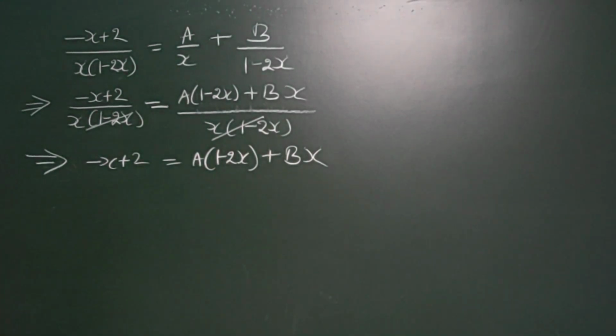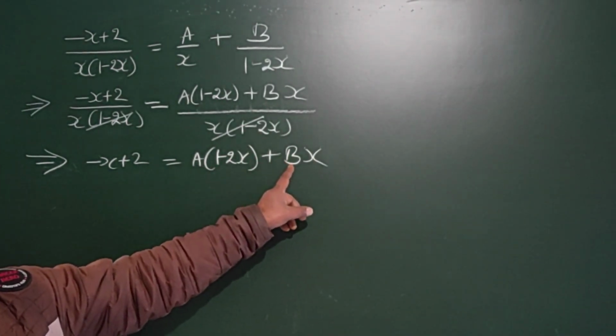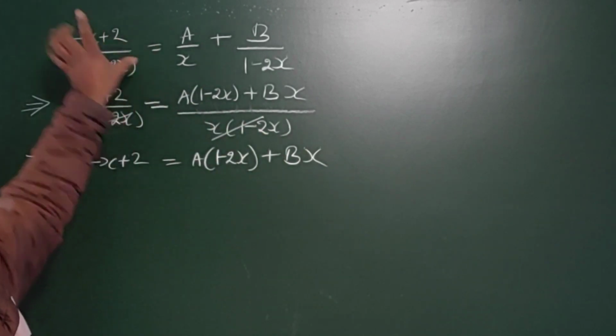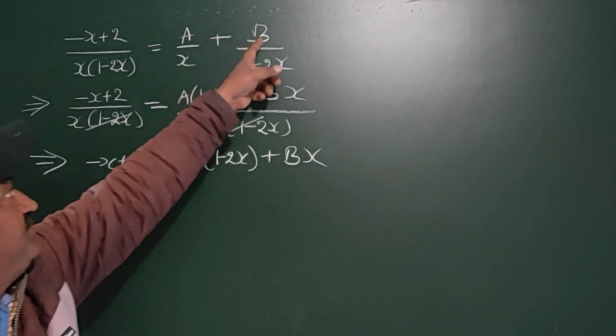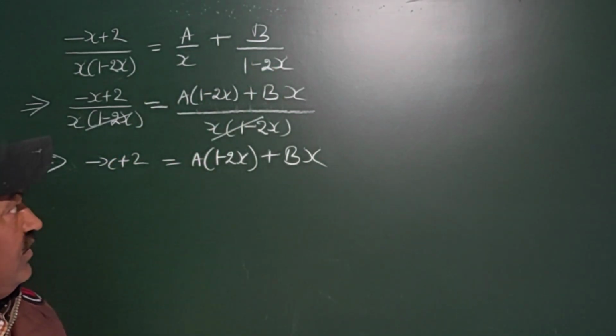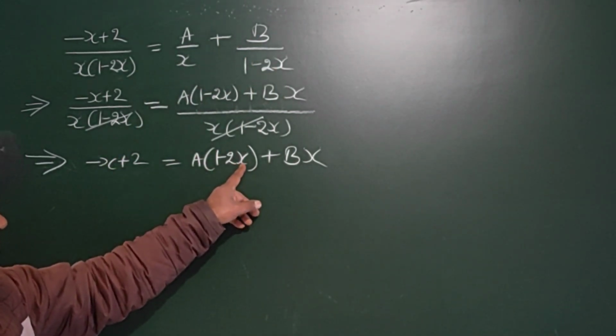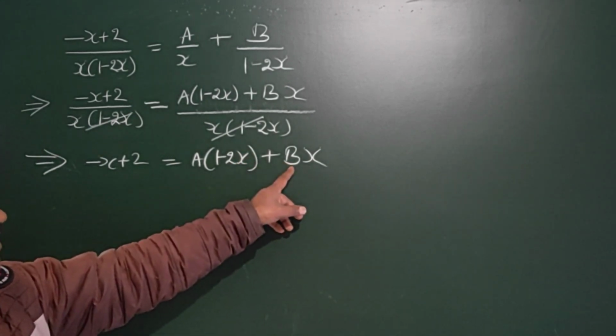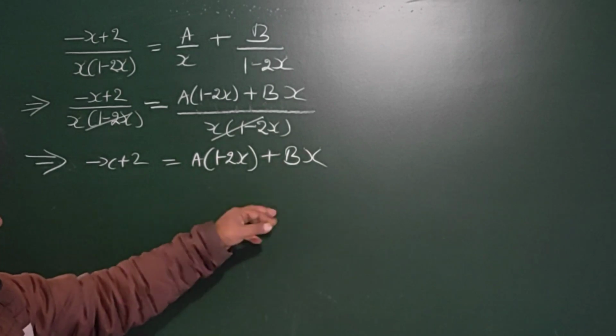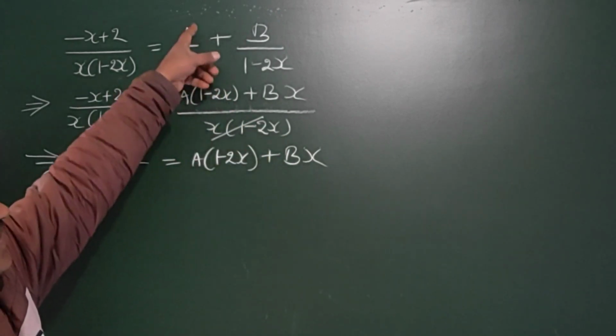Now let us find the values of A and B. Putting x equal to 1 by 2, we will get the value of B, and putting x equal to 0, we will get the value of A.